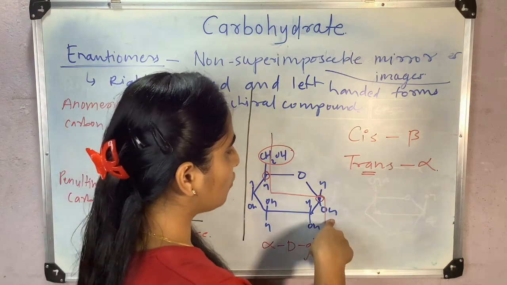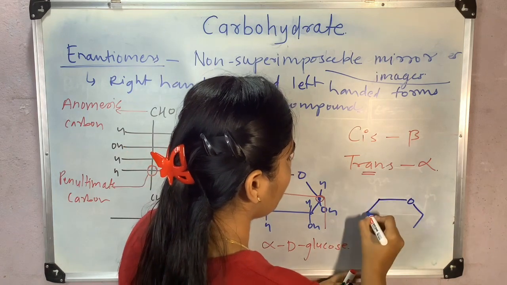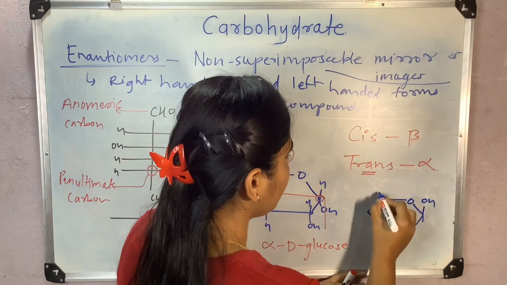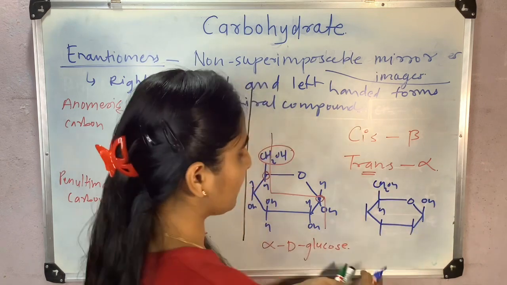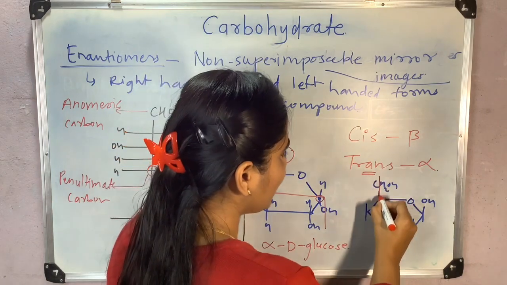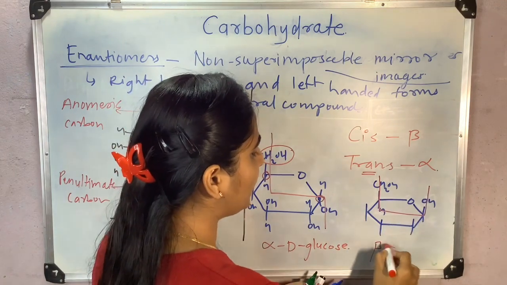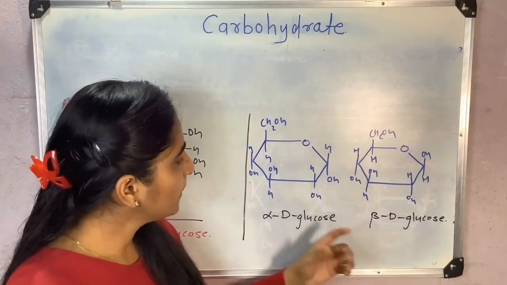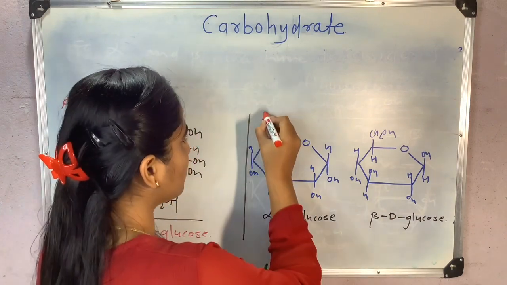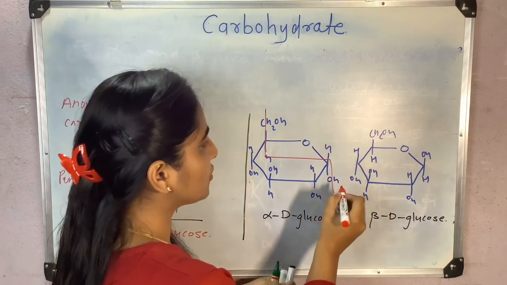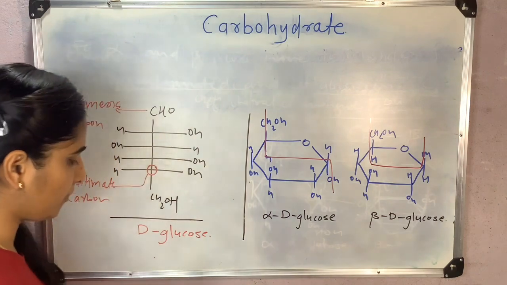If this hydroxyl group is at the upside, with CH2OH and the remaining the same, then this CH2OH and hydroxyl group are in cis form. Therefore, the structure is beta. Remember, see here, this is alpha D glucose and this is beta D glucose, as CH2OH and OH are in trans form here and in cis form here.